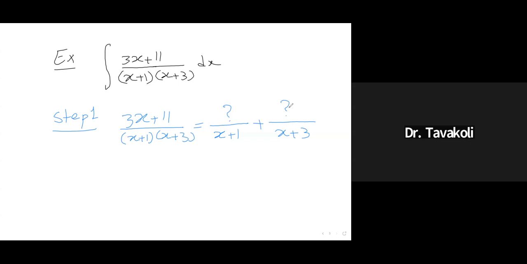So I need to figure out these two sides are equal for what values of these two numerators. Let me give names to them and try to find them.